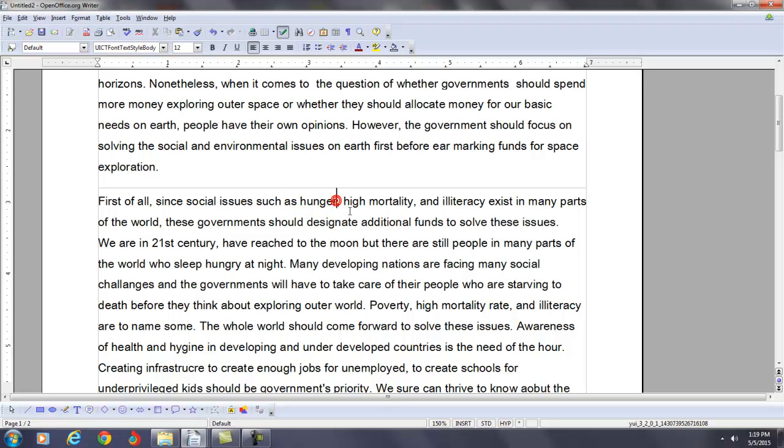I'm going to just focus on your first key point, hunger. Give you more of a limited focus here. As you say, first of all, since social issues such as hunger exist in many parts of the world, these governments should designate additional funds to solve this problem.